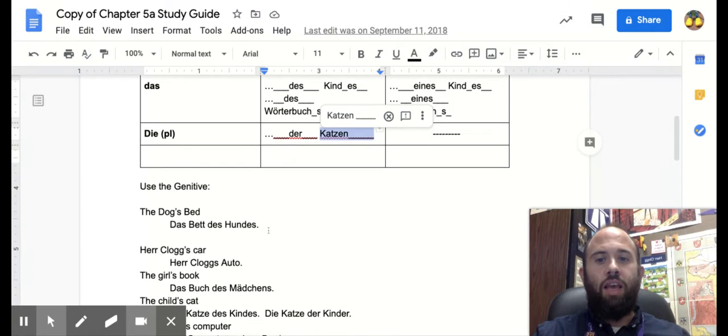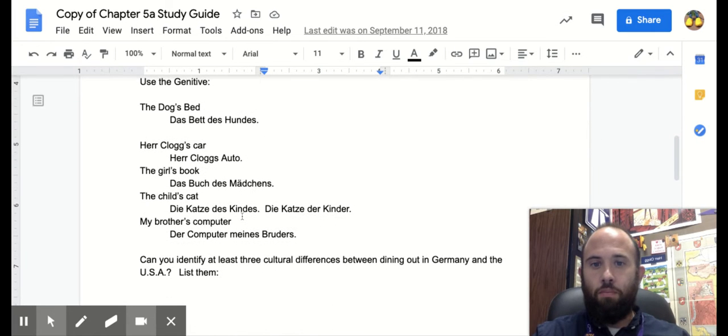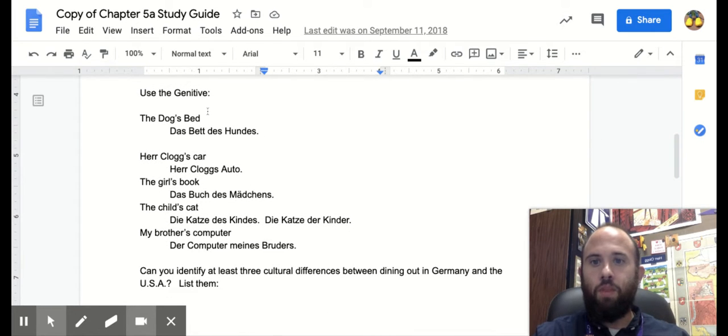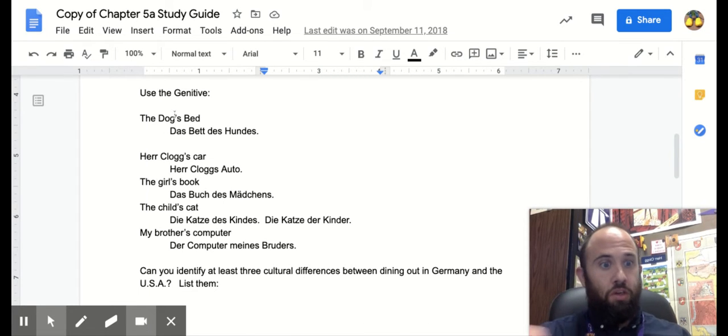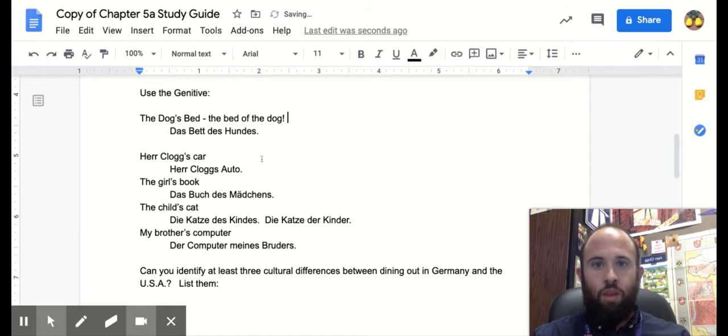All right, let's see how this would play out. Here are my notes. The dog's bed. Notice in English we would typically just do an apostrophe. What we're saying essentially is the bed of the dog. And so in genitive that comes out as das Bett des Hundes.